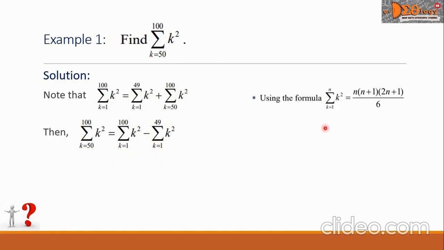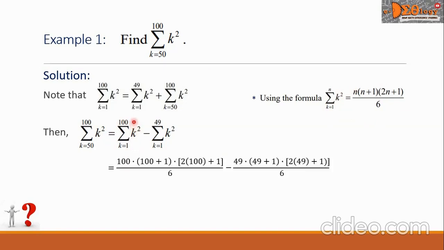We're going to use one of our formulas in our list a while ago, and that is summation of k squared, where k equals 1 up to n, and this is the value. In our first summation, the n is 100. So we will have now 100 times the quantity 100 plus 1 times 2 times 100 plus 1 all over 6, minus the second summation.